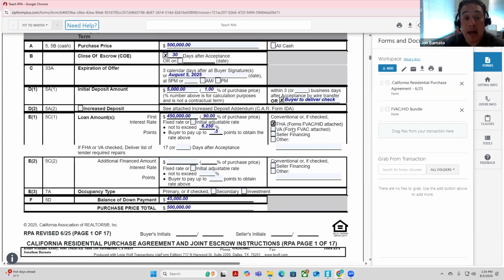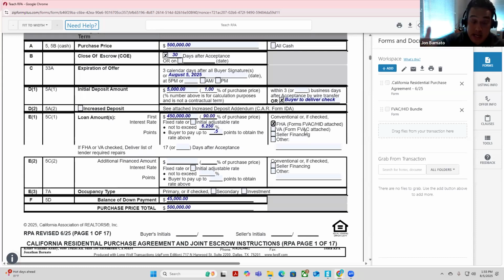It does not matter. FHA and VA have a right of rescission built into law. If you look at the FHA form, the HVAC form, it says that if that appraisal does not come back at value, or it requires repairs and the repairs are not approved by the seller, the buyer can cancel and get their deposit back, no questions asked.